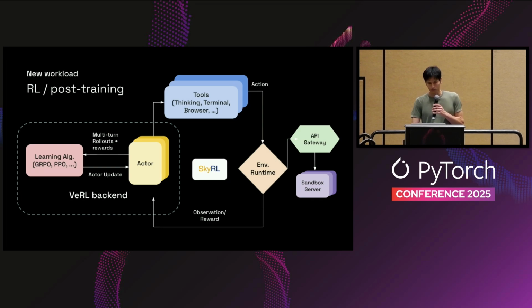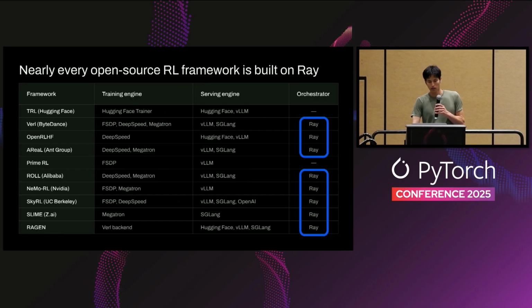And one of the main things here is increased heterogeneity, just more moving parts, each with their own requirements. And so Ray was really designed for heterogeneity, both hardware heterogeneity and application-level heterogeneity, and this is something we talked about earlier today.